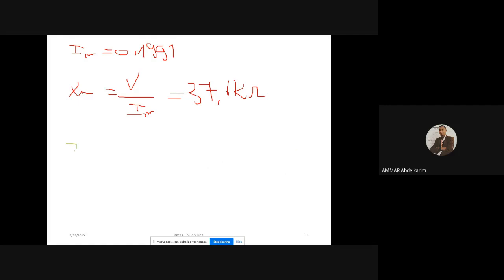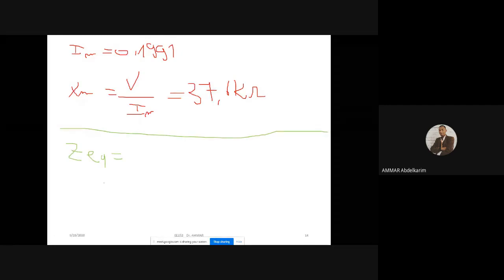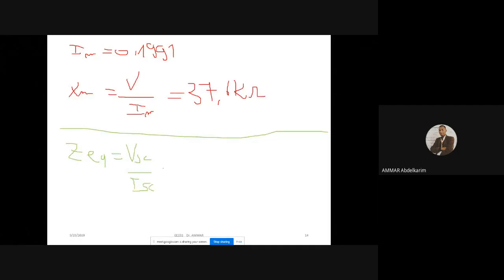So this is the second part. The equivalent impedance equals V short circuit over I short circuit.